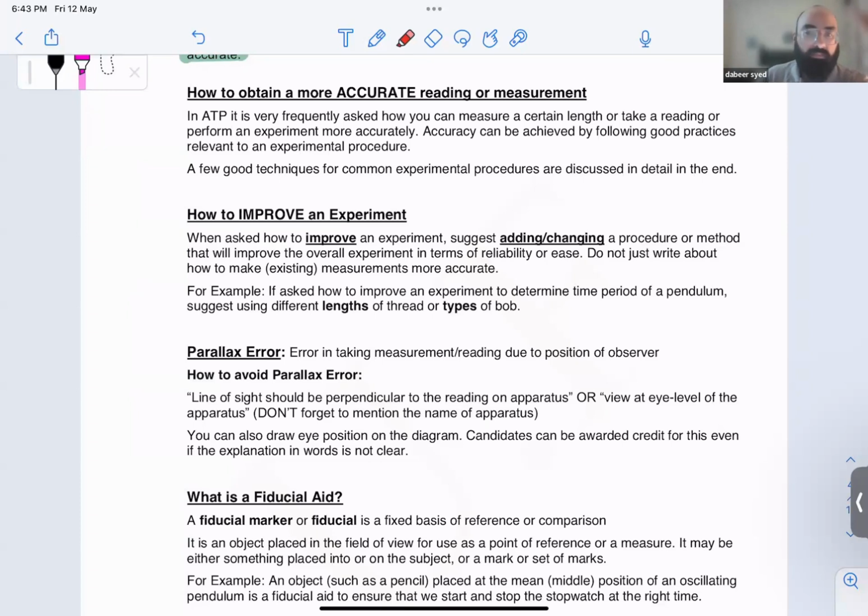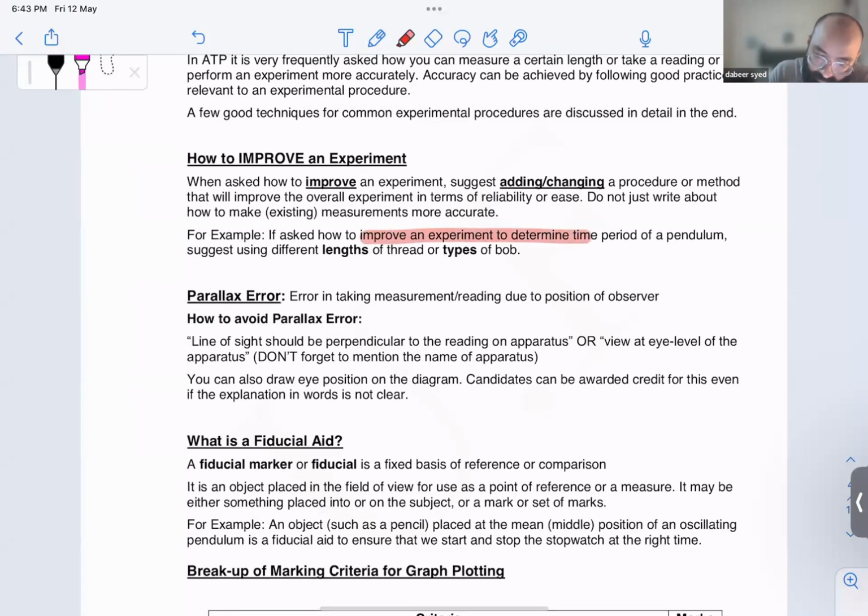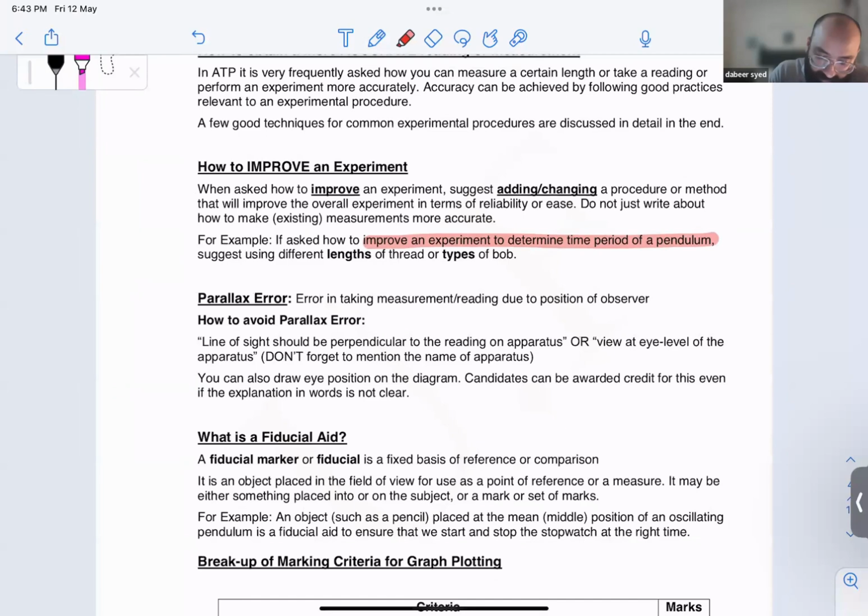So again, it goes without saying that generic statements in ATP will not get you any marks. So misal ke taur pe, if you want to improve an experiment to determine the time period of the pendulum, so one of the ways of improving this is to probably repeat the experiment with different lengths or with different type of bobs. Okay?